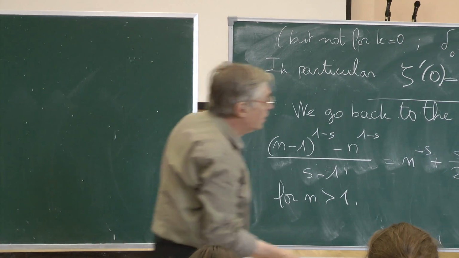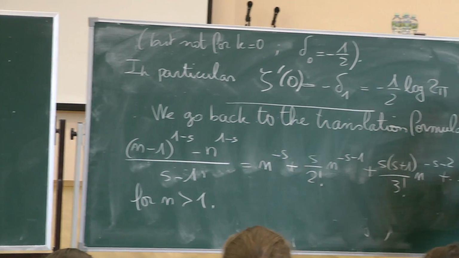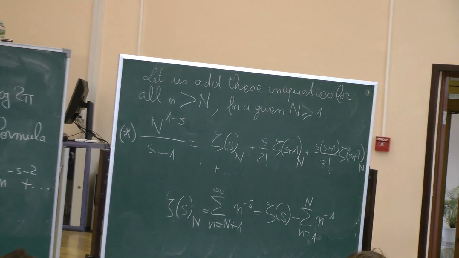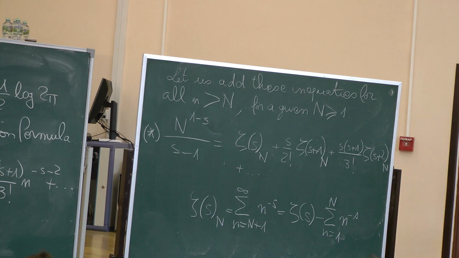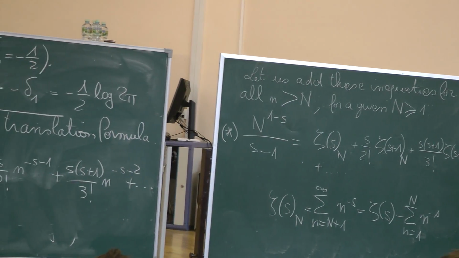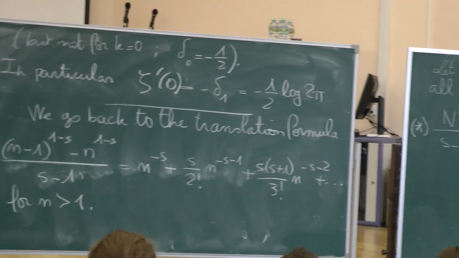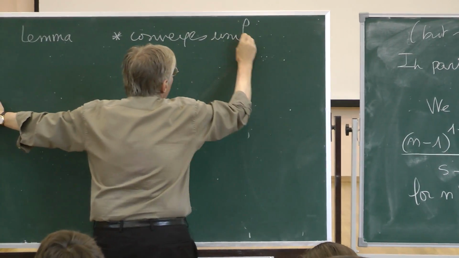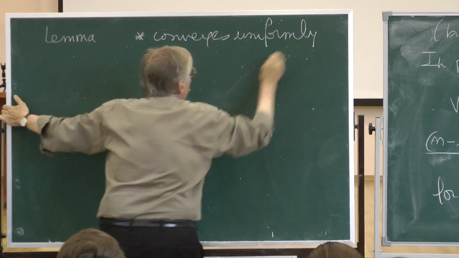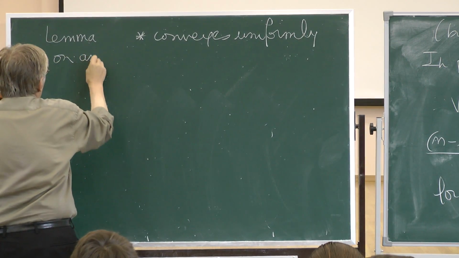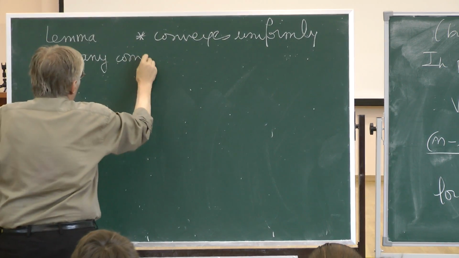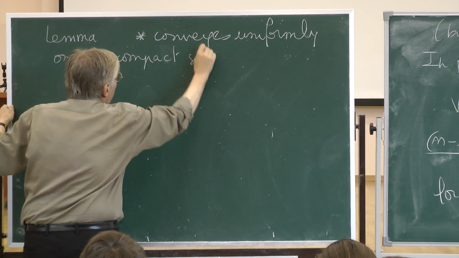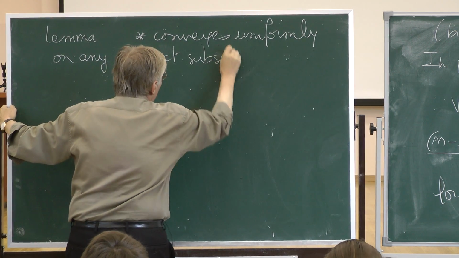What I claim here is in fact, let me call this star, a new lemma. Star converges uniformly on any compact subset of C.